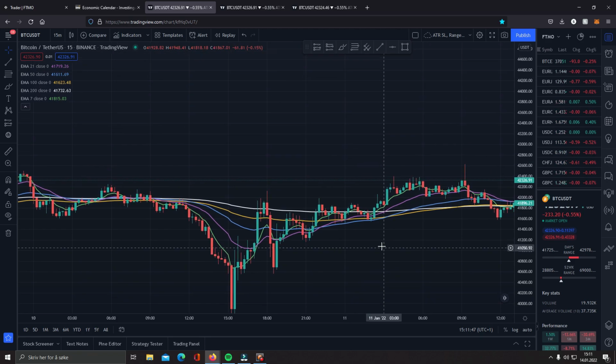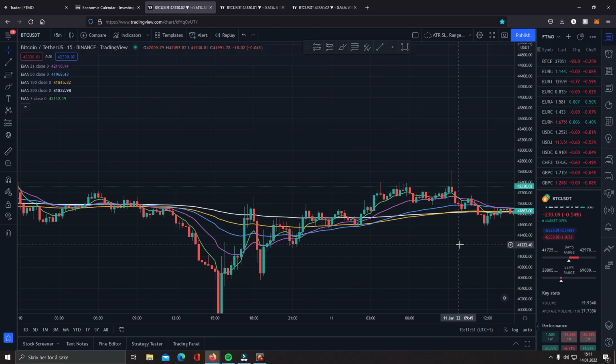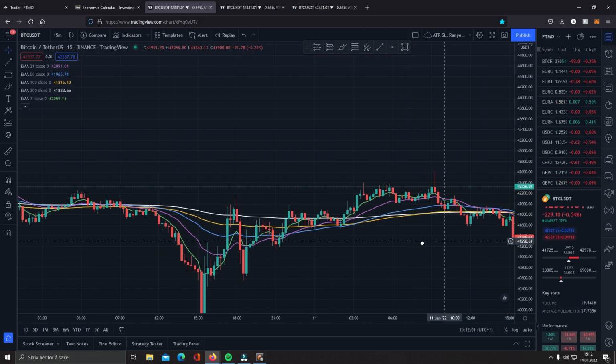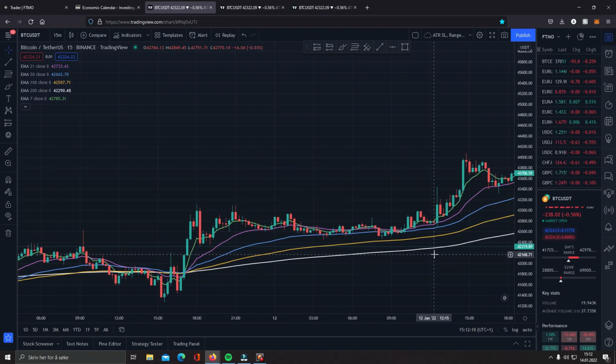For example, the 200 is a very stable one, so it keeps its point for a longer time, while the 100, for example the yellow one, takes a little bit less to move.